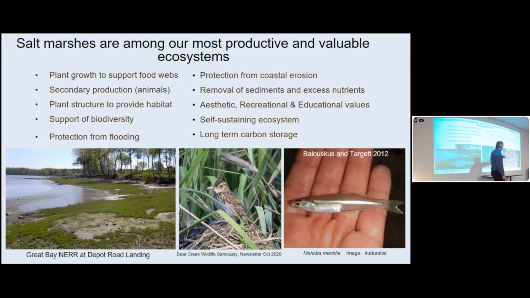And then I put Atlantic silversides in here because Atlantic silversides only lay their eggs in little bits of algae at the base of Spartina alterniflora. So it's a wonderful study done by those gentlemen in, I think, Delaware, where they had 4 different types of habitats: alterniflora, Phragmites, bulkhead, and riprap.